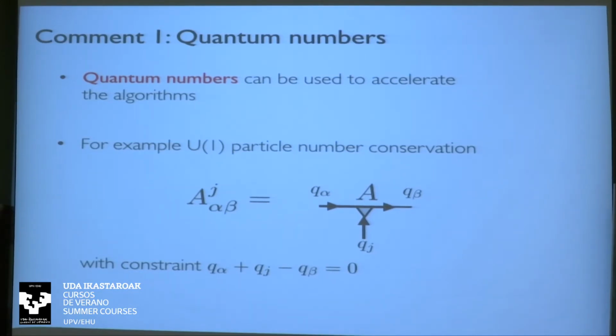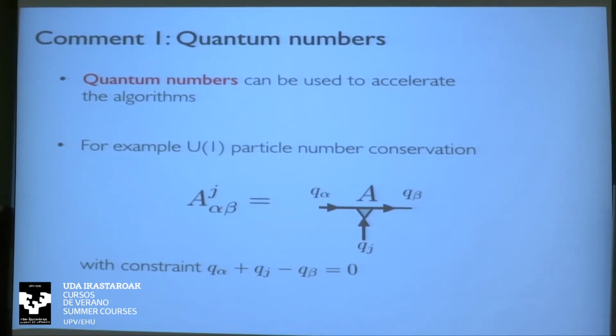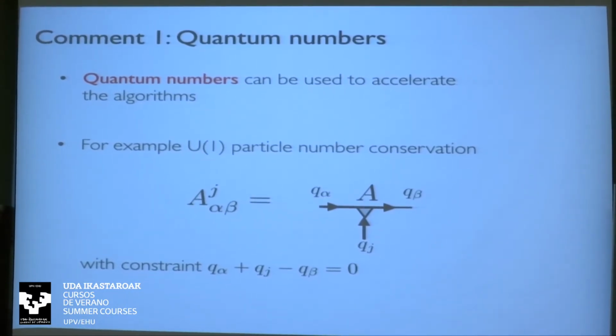For example, if you have a Hamiltonian that conserves the particle number or the total magnetization, this can be explicitly conserved in the construction, and by this we can make these algorithms significantly faster.